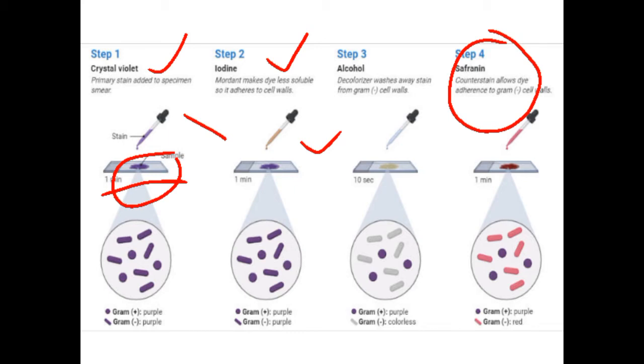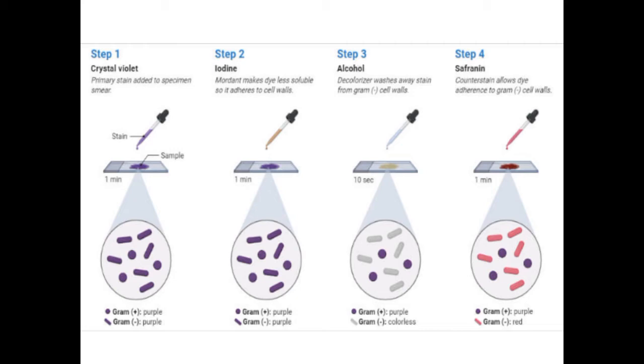Now, what will be the interpretation? If the bacteria in the smear are gram positive, then they take the crystal violet dye and appear purple. And if they are gram negative, although in this step they also take the dye, in the subsequent washing the dye is removed. The crystal violet and iodine complex is formed.